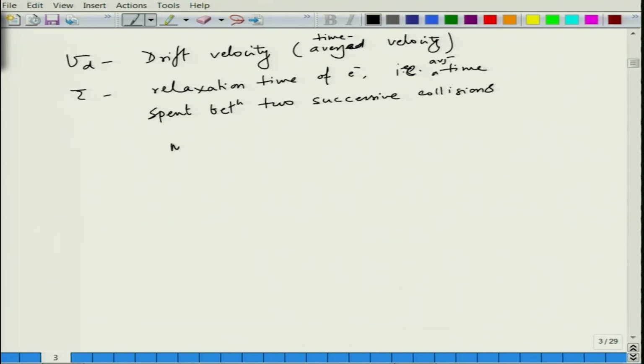So as a result, we saw that m into Vd divided by tau is equal to E. So from this we got drift velocity is equal to E tau divided by m. So this E is basically the electric field, not the energy.